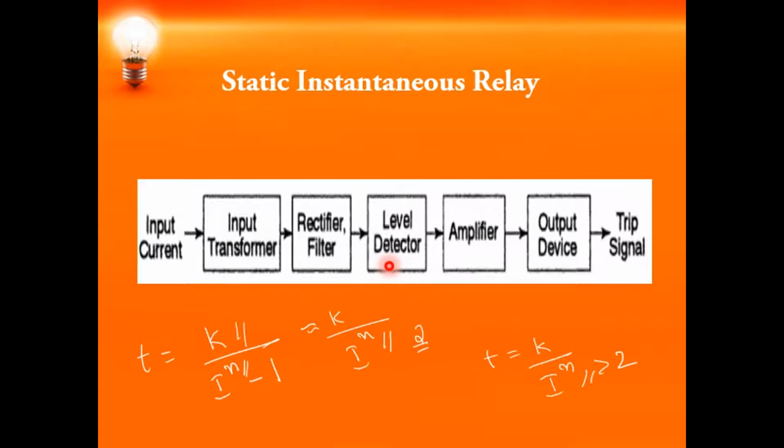comparator. So what it does is it will just compare two quantities. One is the already set value, the other one is the output of the rectifier filter.